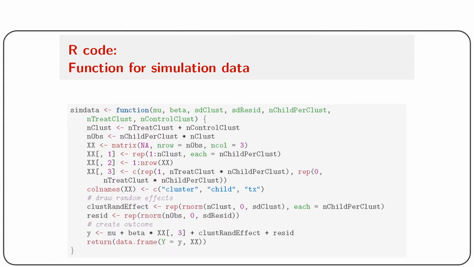Then y equals mu plus beta times x[, 3] plus cluster effect plus the residual part generated from normal distributions, and then return a data frame of y and xx, the design matrix as well as the outcome. That will simulate the data.